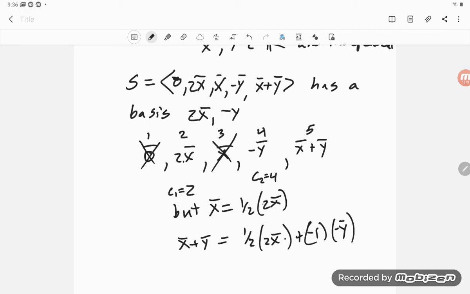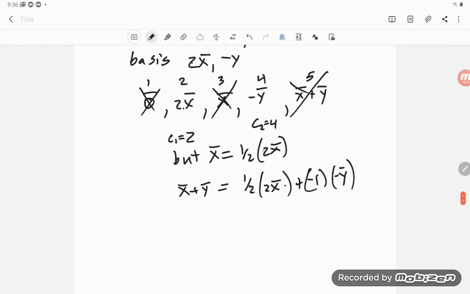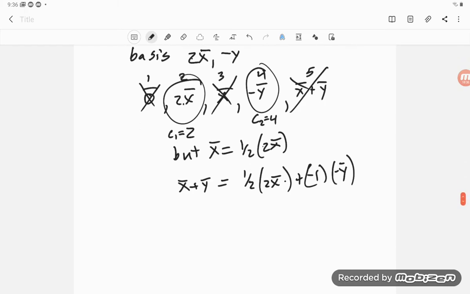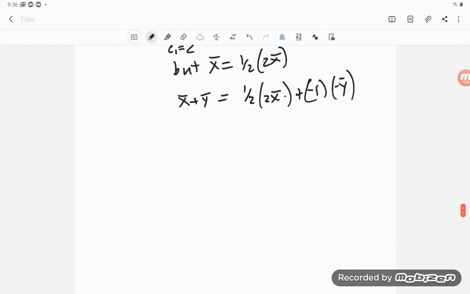And so that's not independent. And so there is my basis, 2x and minus y. Okay, so there's an example. Another example.